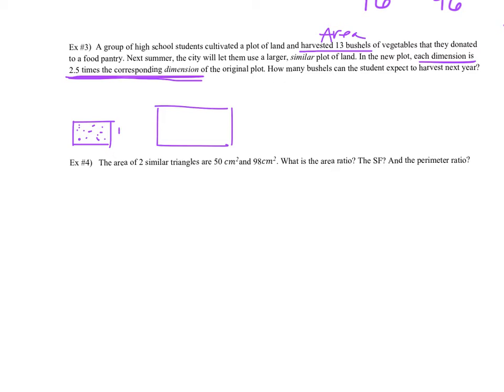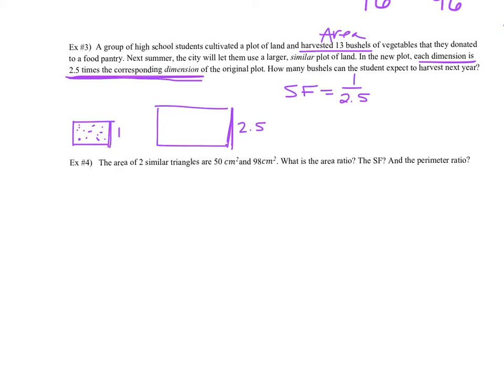If this was 1 foot long, what would this side be? 2.5 feet, right? You're multiplying it by 2.5. So essentially what we can say is this 1 to 2.5 is which ratio? That's your scale factor, right? So we know we have a scale factor of 1 to 2.5.